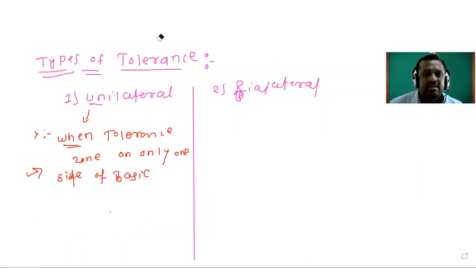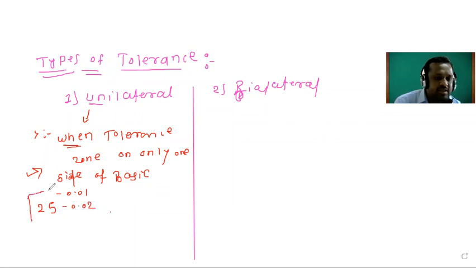Okay, suppose 25, minus here 0.01, again minus 0.02.